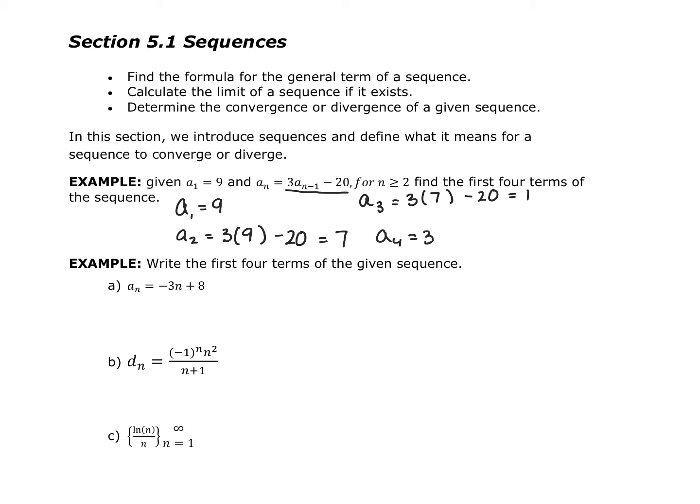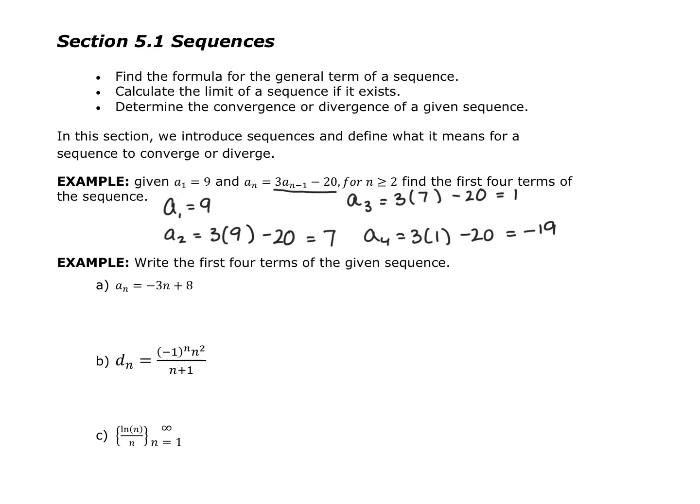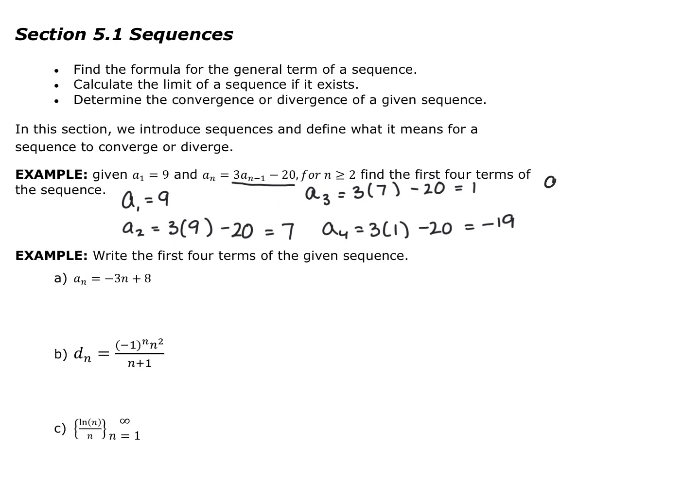So this is going to be 3 multiplied by 1 minus 20, which ends up becoming negative 19. So my sequence as a list would be 9, 7, 1, and negative 19. This represents a sub 1, this represents a sub 2, this represents a sub 3, and this represents a sub 4.